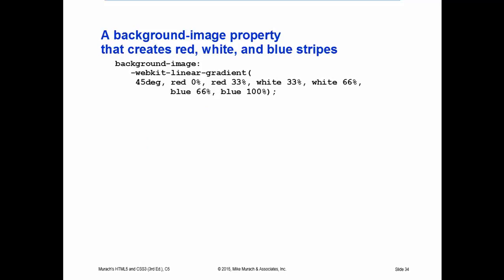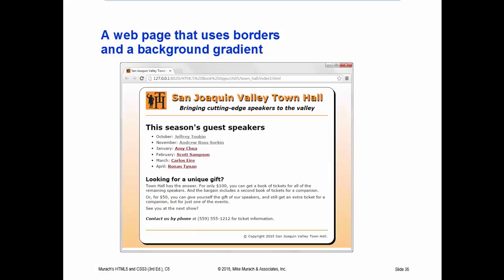Now the next example, which is on page 192 in the book, presents a web page that's similar to one we looked at earlier. In fact, the HTML is identical, but the page in this figure has additional formatting. First, as you can see, the page uses a gradient for the background behind the body.